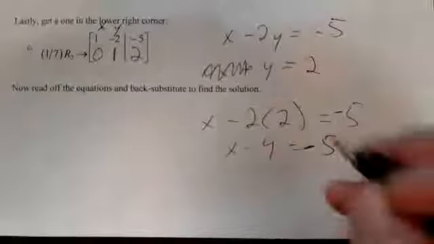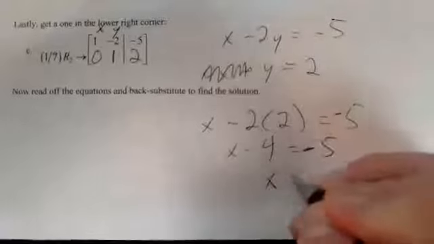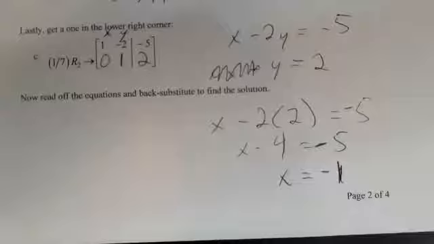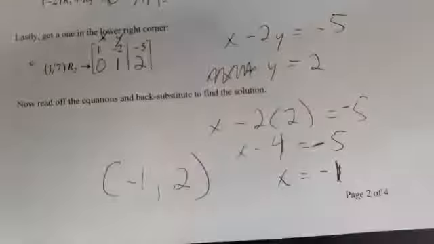And if we add the 4 over, x is a minus 1. There we go. And so if I wanted to put it all together, this thing should look like an ordered pair. X comma y, right?